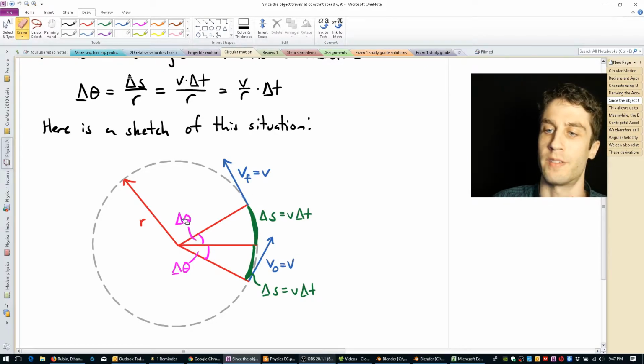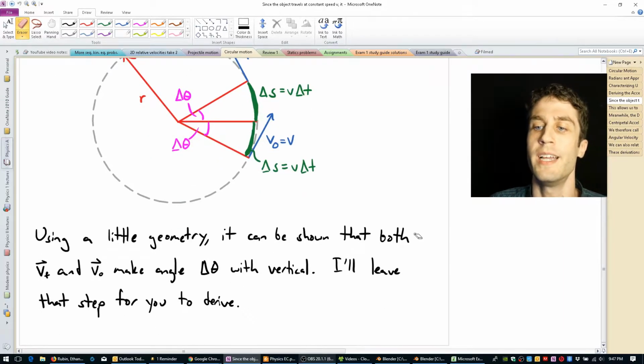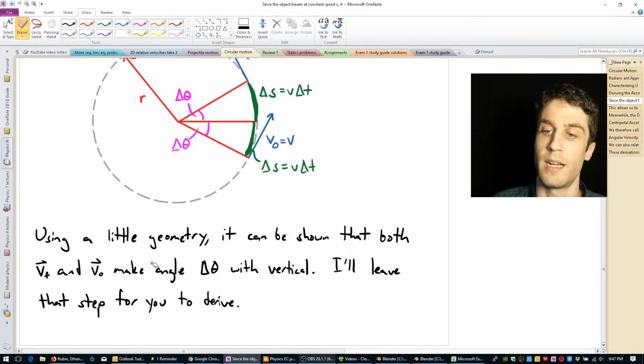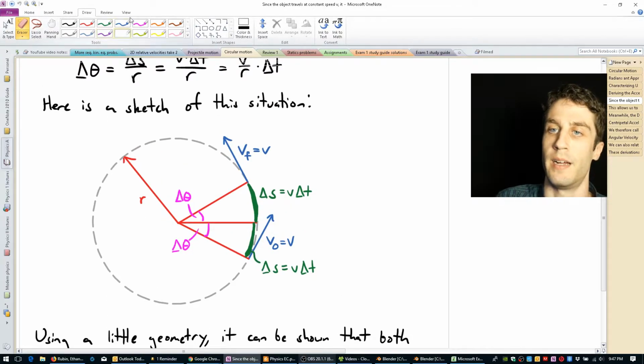It's gone through an angle of delta theta after delta t and an angle of delta theta before, in the time interval delta t before it reached this displacement. Using a little geometry, it can be shown that both v final and v initial make angle delta theta with vertical. I'll leave that step for you to derive. It's not especially difficult, it's just that this video already has enough information in it.